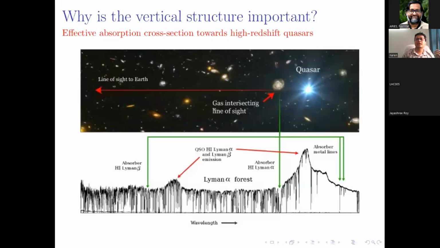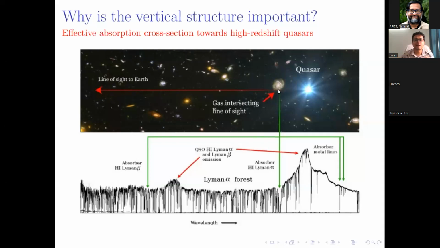Then another important aspect is the effective absorption cross section towards high redshift bright quasars. Say, for example, I have a galaxy over here and a bright background source over here. How much effective cross section this galaxy will offer for absorption depends largely on the thickness of the disk of the galaxy, right?